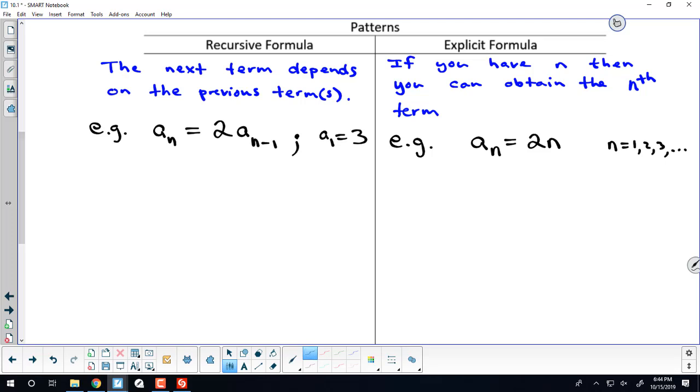So let's work with these two examples. If a sub n is 2 times a sub n minus 1, and the first term is 3, let's list some of the terms. What would a sub 2 be? 6, because a sub 2 is 2 times a sub 1, which is 2 times 3.